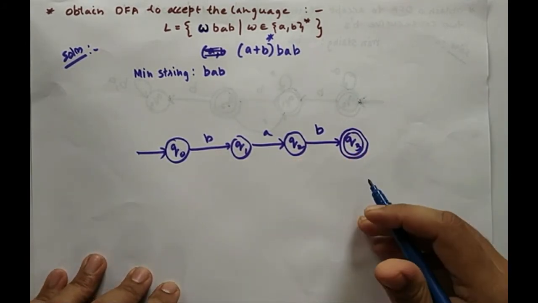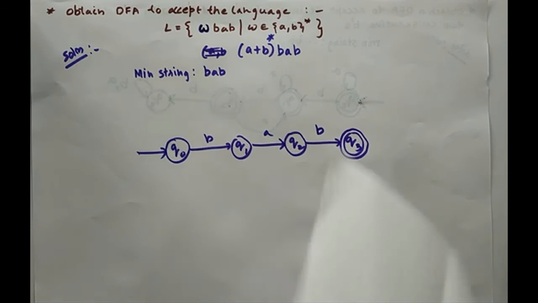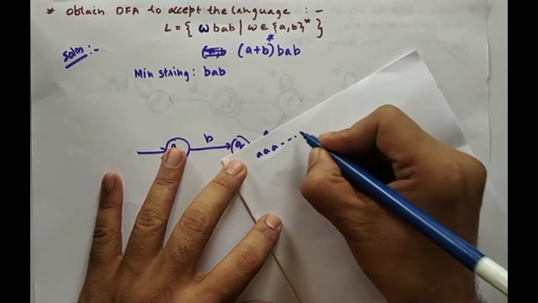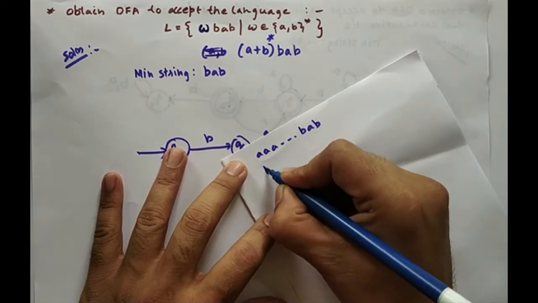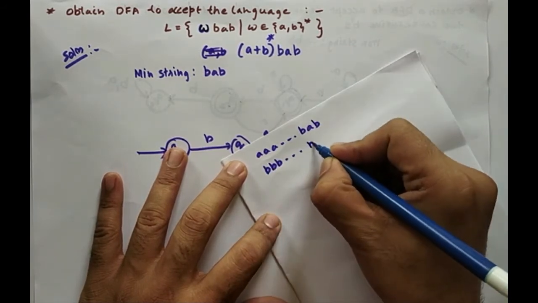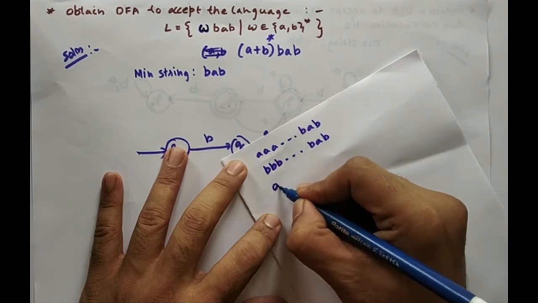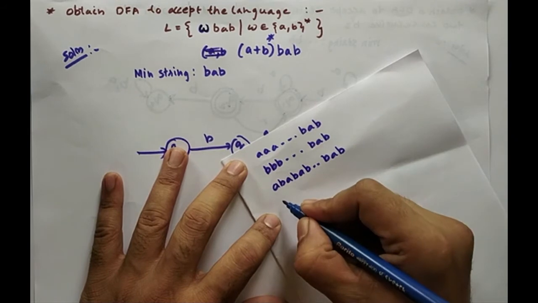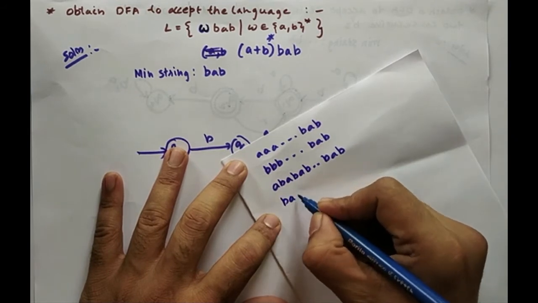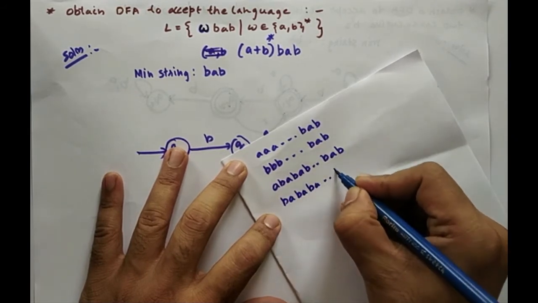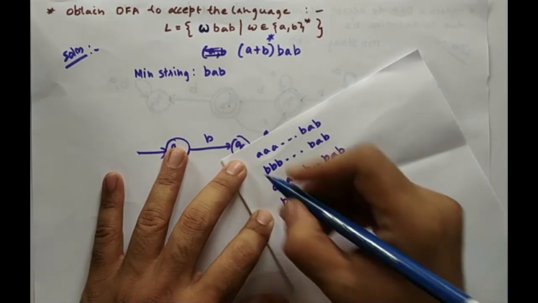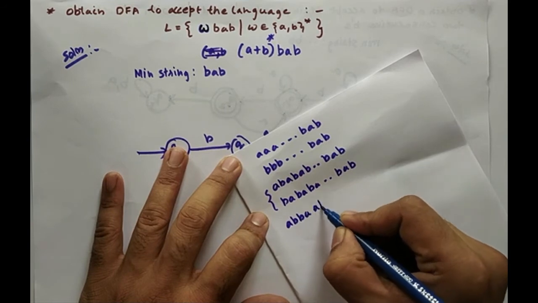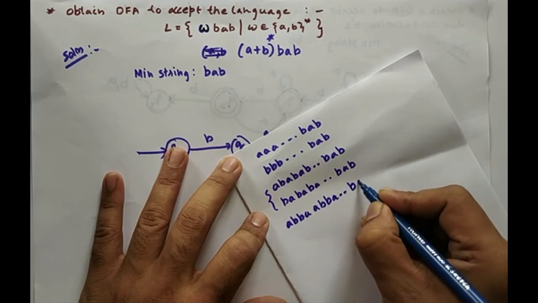Now what are the other possibilities? The other possibilities here would be n number of A's ending with BAB, n number of B's ending with BAB, then AB, AB, AB and so on ending with BAB, then BA, BA, BA and so on ending with BAB. Then you take a combination of these two, AB, BA, AB, BA and so on ending with BAB.